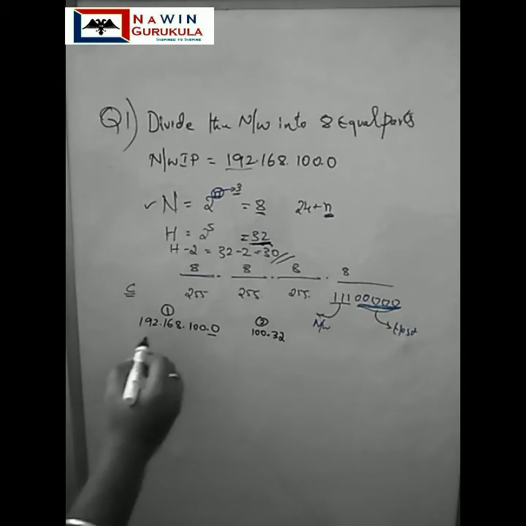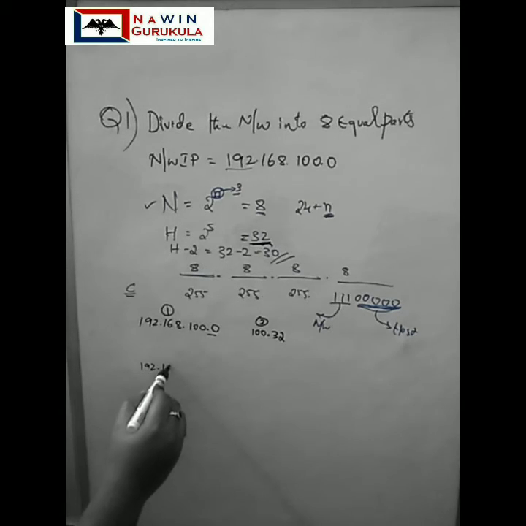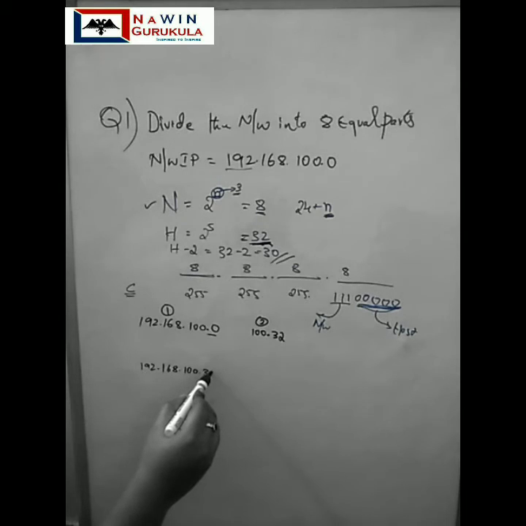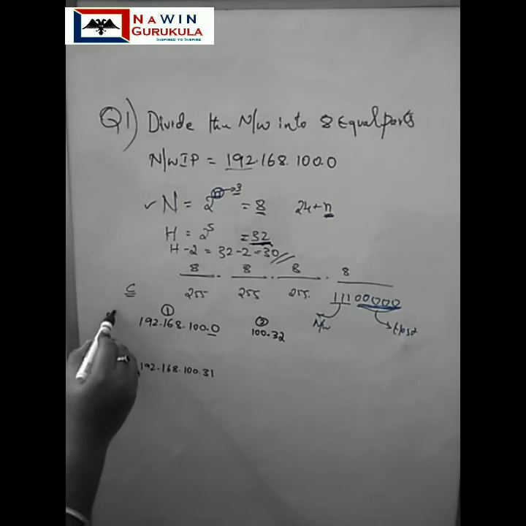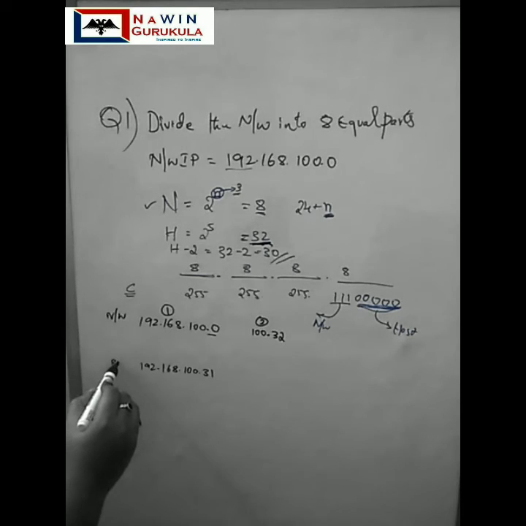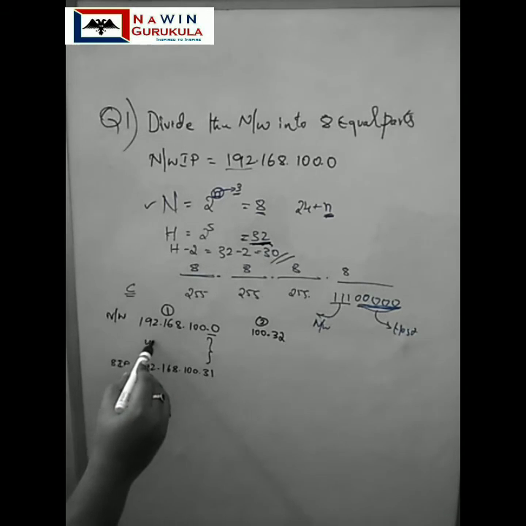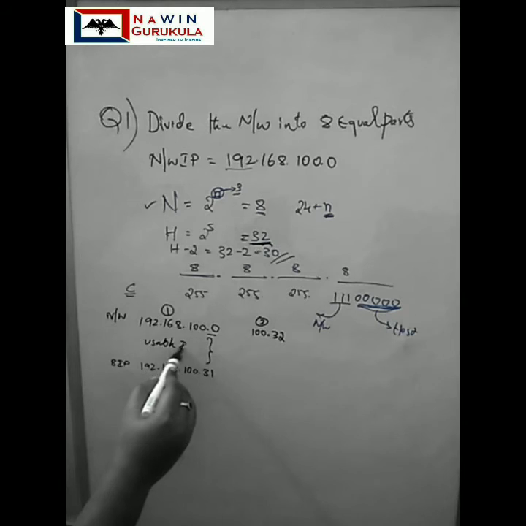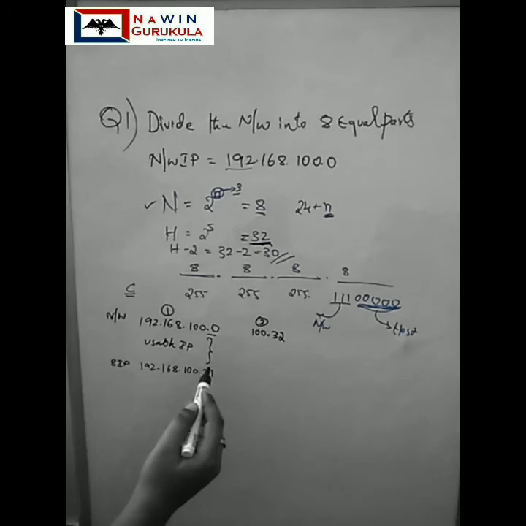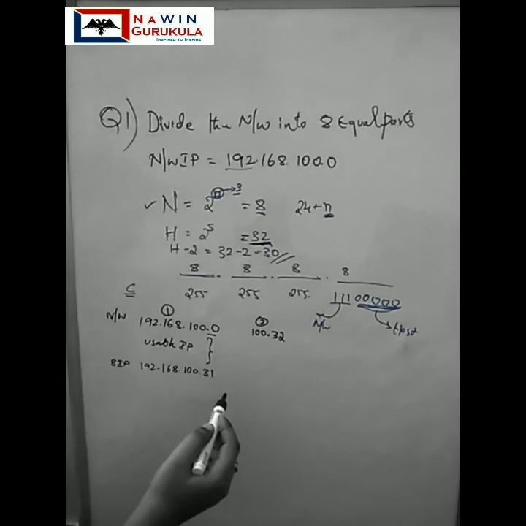Similarly, the broadcast IP of the first network is the previous IP of the second network, that is 192.168.100.31. So this is the network ID and this is the broadcast IP, and all the IPs which come in between are the usable IPs, or the IPs which we can assign to the host.